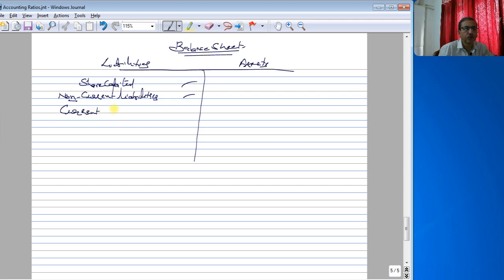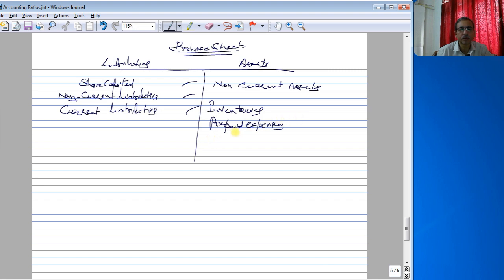Why am I going through this? Because that will help you to understand the impact of a transaction on the ratio. Now this is your non-current assets. And now here, I will write differently: inventories are here, prepaid expenses are here, and then there are other current assets.